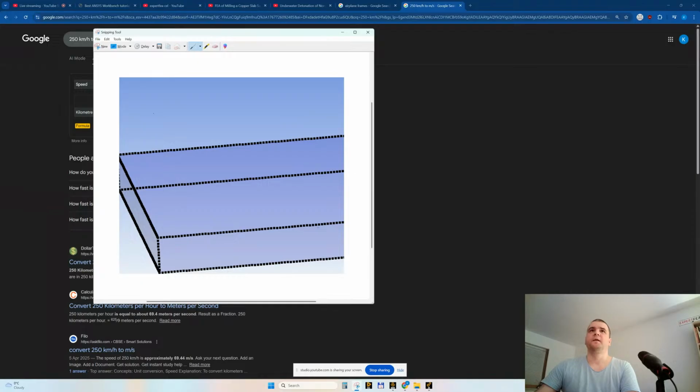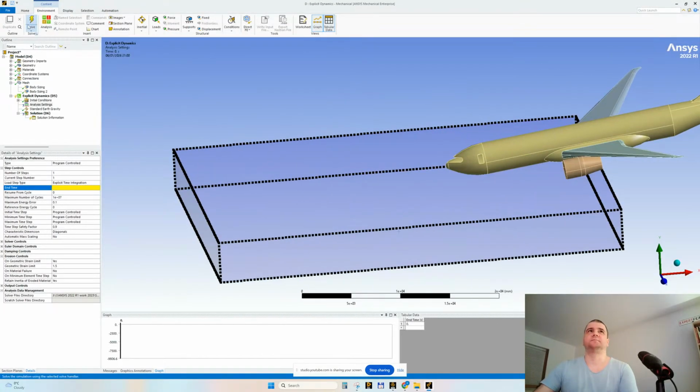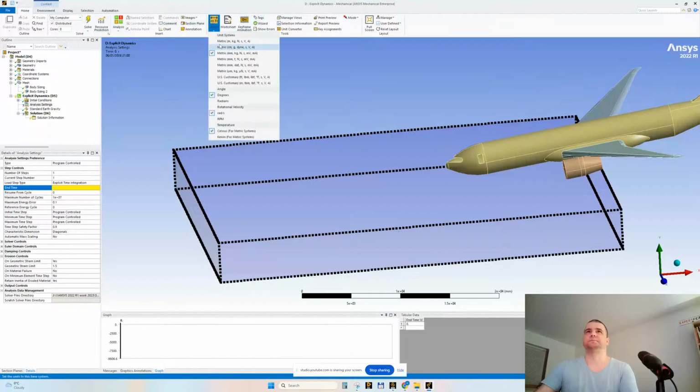So if we have 70 meters in 1 second, I would like my airplane to travel this distance. Let me show you.